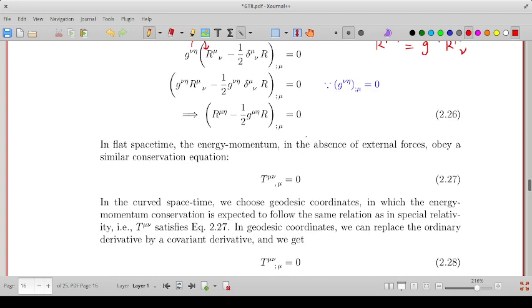Now in the flat spacetime, the energy momentum tensor in the absence of external forces obeys the conservation equation, which is given by T mu nu comma mu is equal to 0, because the force term on the right hand side will be equal to 0.